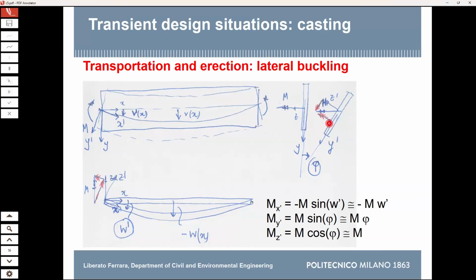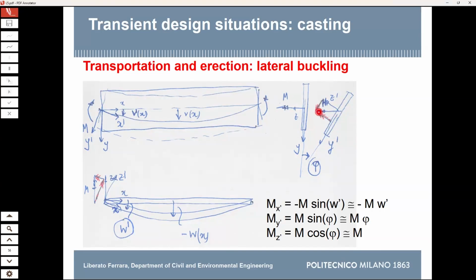But what does this mean? It means that in the YZ system of axes, your bending moment had only a component along Z. But if you change your reference system, you have to remove the assumption that the rotation is negligible, because if you say that rotation is negligible, nothing happens. But you are exactly stating that rotation is no longer negligible.